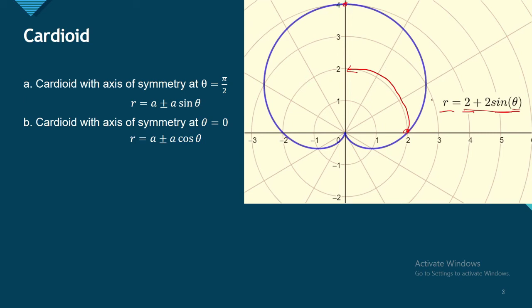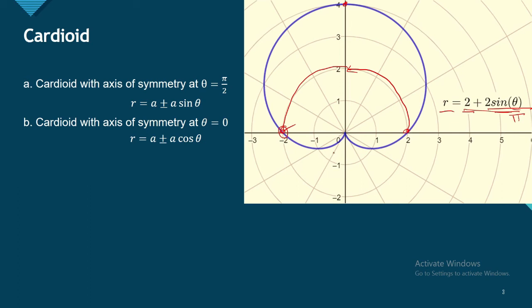When theta is equal to pi, let's say, for example, this is pi. Coming from pi over 2, you are now going to pi. Sine of pi is 0. 2 times 0 is 0. 2 plus 0 is 2. And so that is your point.